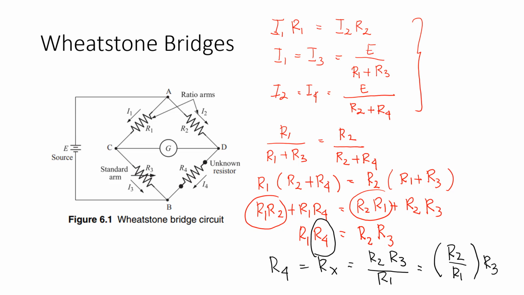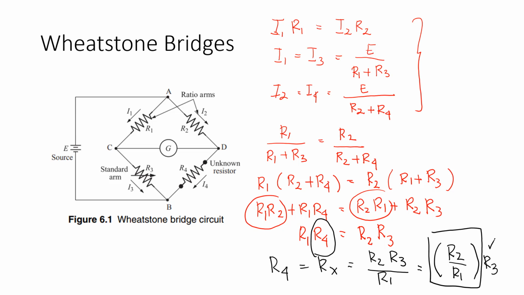So we get the value of R4, the unknown resistor. From this mathematics we can say that the unknown resistor R4 depends on the ratio between R2 and R1 and also on the standard element R3.